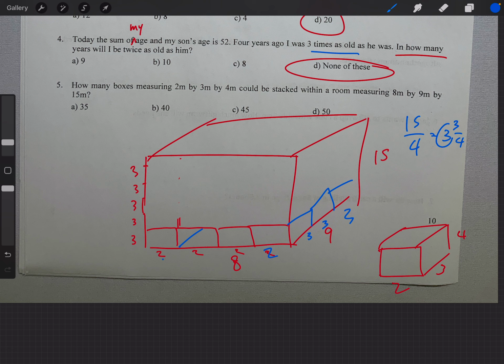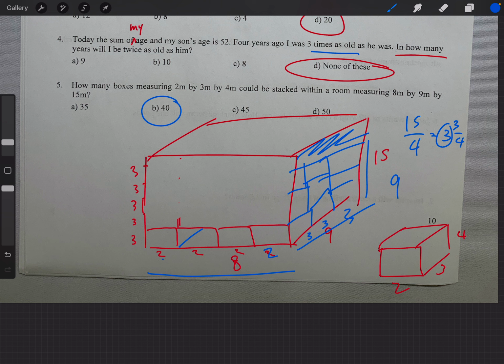So that means only 3. 1, 2, 3 high. If you want to stack it high, you're going to stack 3 times. Gonna have a lot of gap here. Anyway, 3 times 3, which is 9. 9 times 4 is 36. So 40 is still better. So if you rearrange it in a different way, you only get 36.